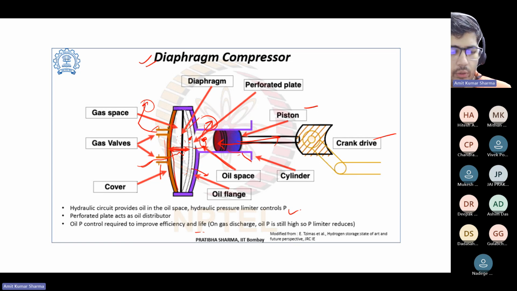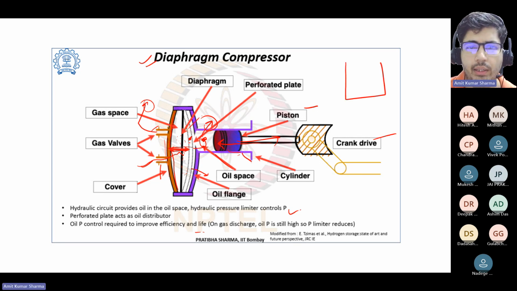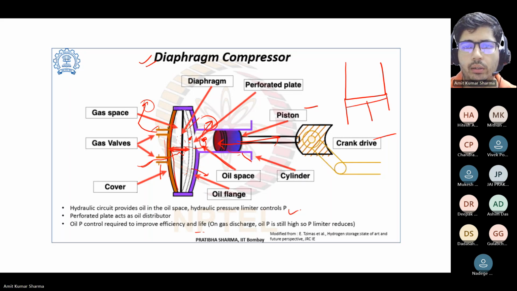As there is no direct contact of gas with the oil, whereas in the reciprocating one, this is the cylinder and the piston is moving up and down and we need to have oil here.